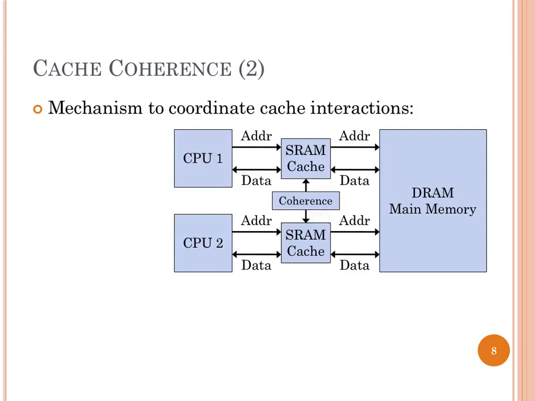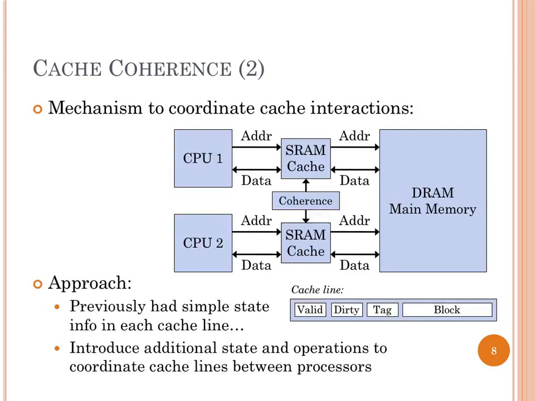So we're going to have some coherence mechanism, and we're going to continue the same approach that we had before, which is that we have our cache lines. And so our SRAM cache still has cache lines in it. It's got a valid bit, a dirty bit, a tag to keep track of what block this cache line is actually holding.